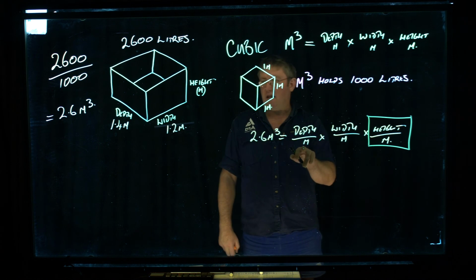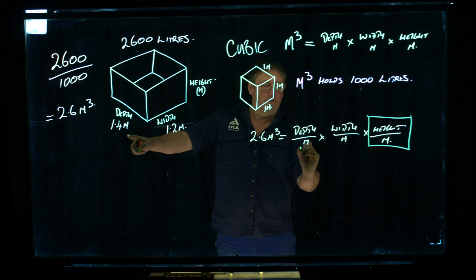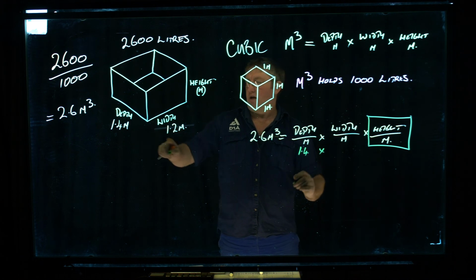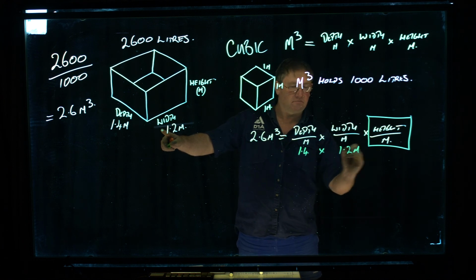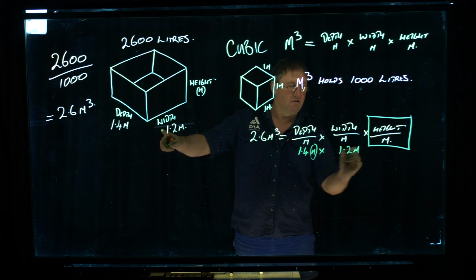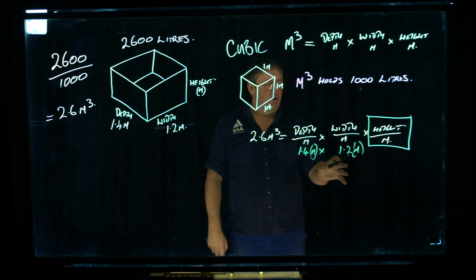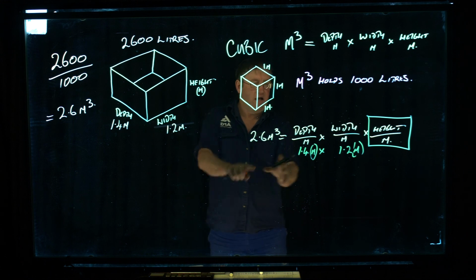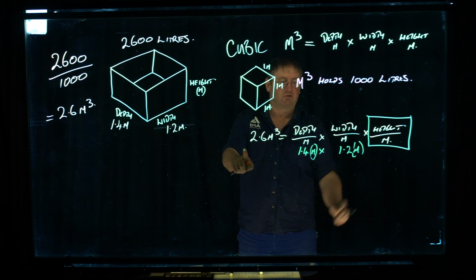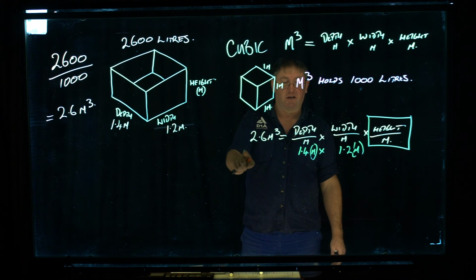So our depth here is 1.4 metres, and our width is 1.2 metres. Put the metre symbol in there. So we need to get these two figures across to the other side and leave the height on one side and everything else on the other side of the equal sign.